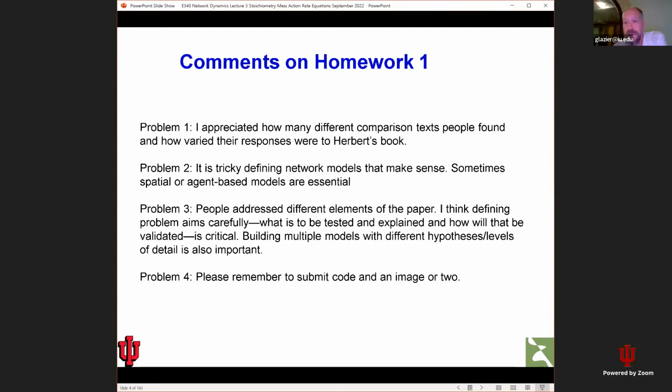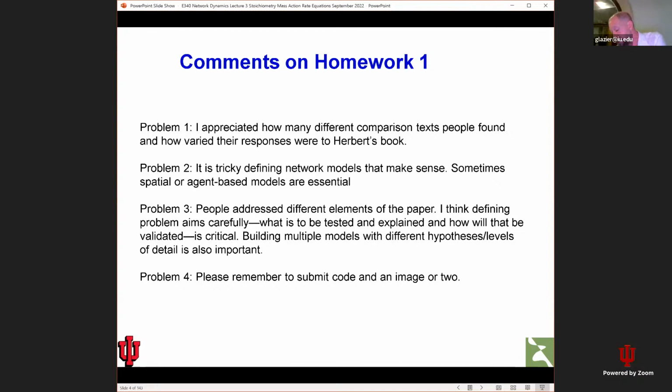I wanted to make a few comments on the homework. I thought people did a generally very impressive job on the homework. I know it was a lot to process in a week because it was a lot of reading and a lot of open-ended assignments.